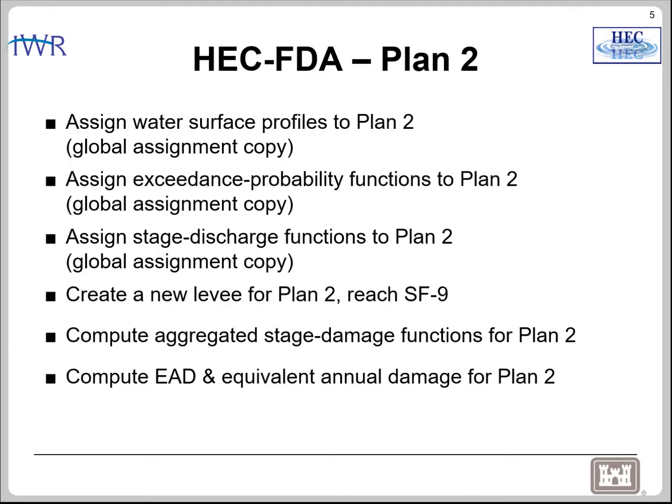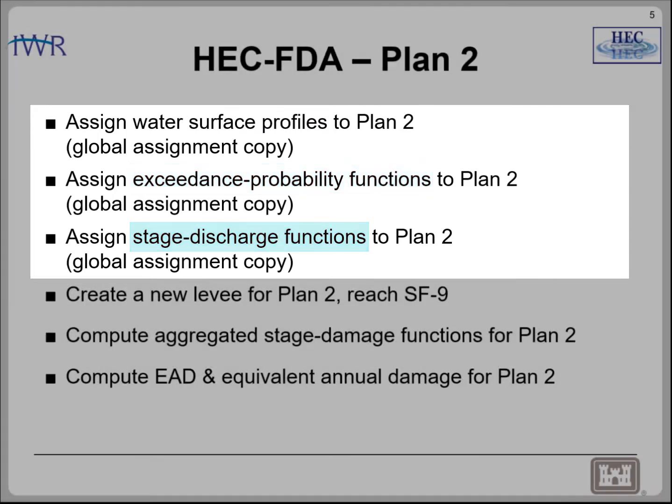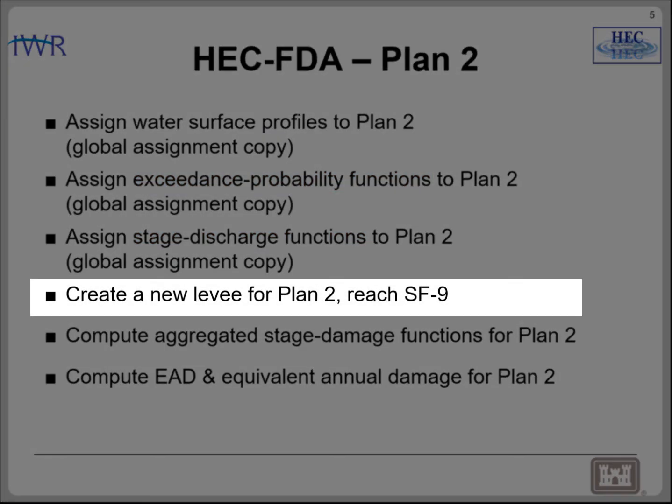In Plan 2, you will be using the global assignment copy. You will use the global assignment copy to assign the water surface profiles, the exceedance probability functions, the stage discharge functions, and you'll need to create a new levy for Plan 2, making sure that when you create the levy, you are on REACH SF9.